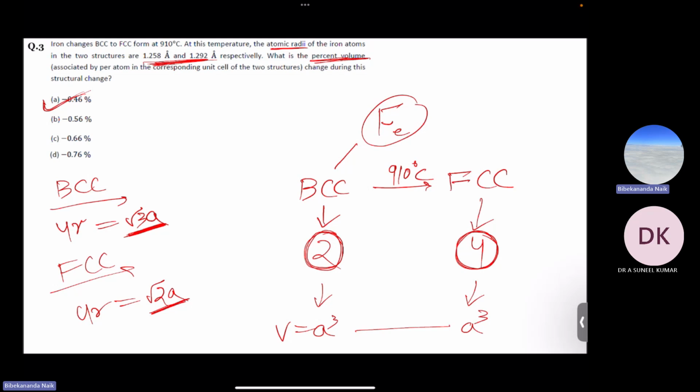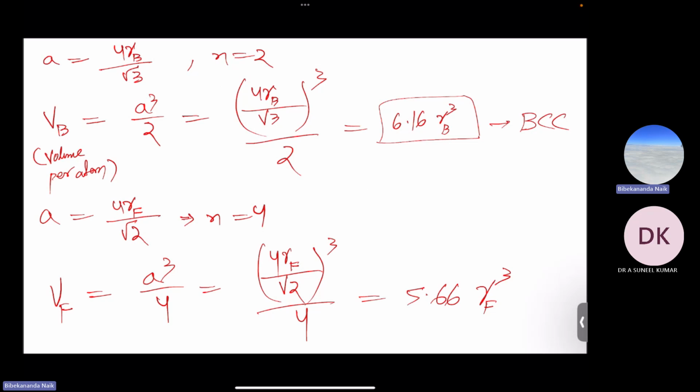If you compare the packing fraction of body center cubic and face center cubic, you will find that the packing fraction is more for face center cubic, and that also represents that the atoms are closely packed. And since the atoms are closely packed, the volume will be reduced. That's why we are finding a negative percentage change in volume.